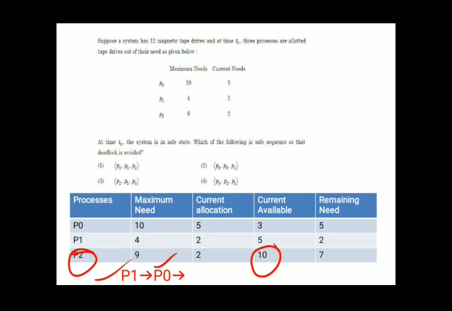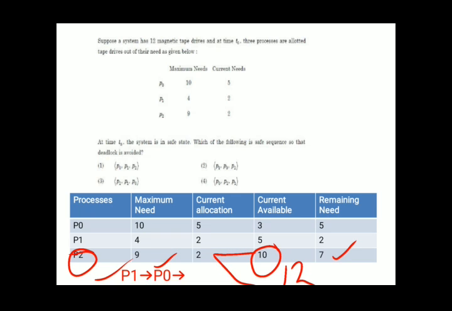P2's remaining need is 7, and we have 10 available resources, so it can satisfy the P2 remaining need. So we allocate these resources to P2, and after finishing its work, the available resources are 10 plus 2, which is equal to 12.